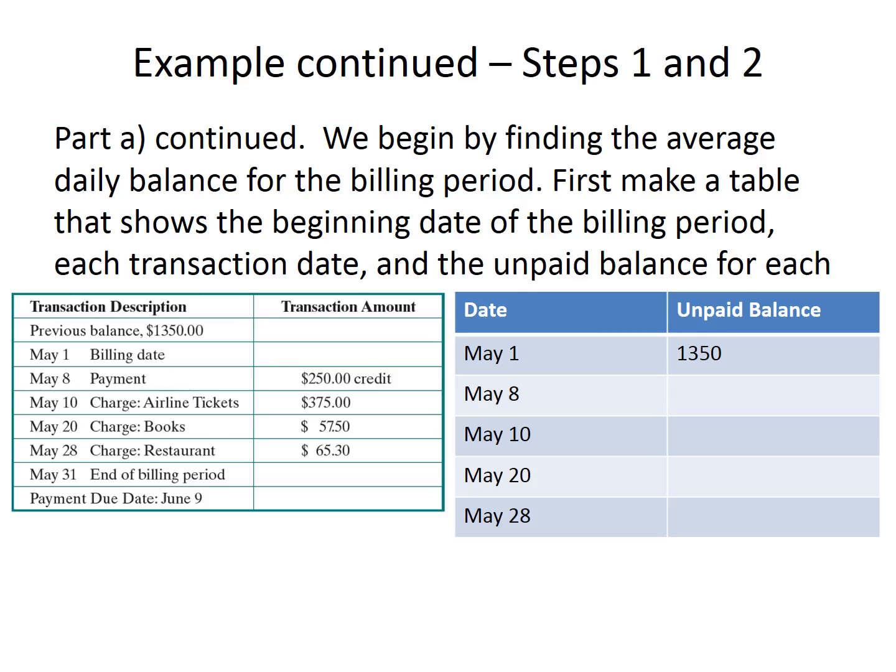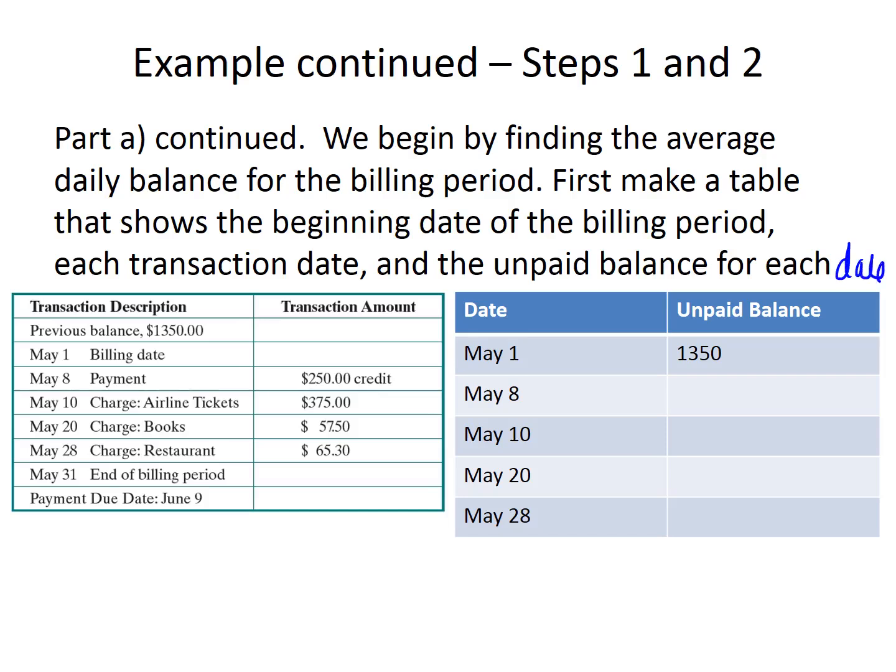So we begin by finding the average daily balance for the period. First, make a table that shows the beginning date of the billing period, each transaction date, and the unpaid balance for each date.